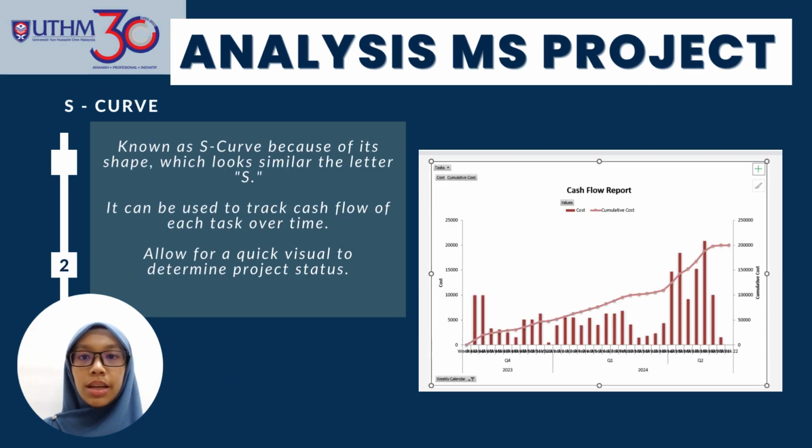Alright, for this analysis, which is the S-curve, I will tell first the reason why it is called S-curve. It is known as S-curve because of its shape, which looks similar to the letter S. The function of this graph is that it can be used to track progress over time. What progress? For this, we will track cash flow for each task over time.